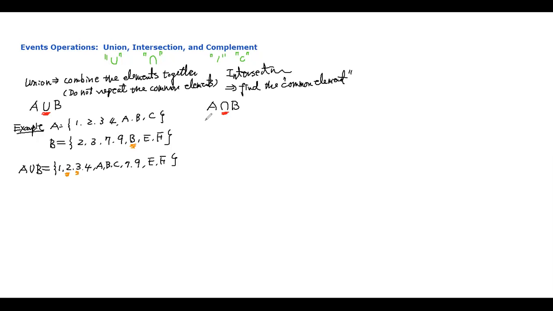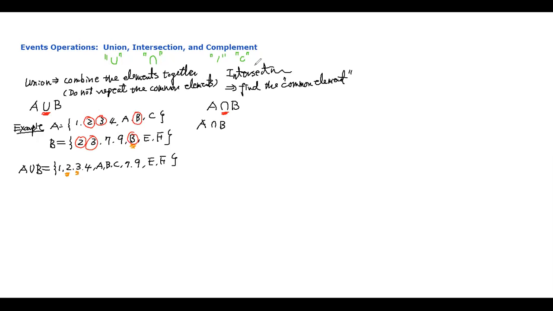If we still use this example, what are the common elements? 2 is a common one, 3 is a common one, and B is a common one.